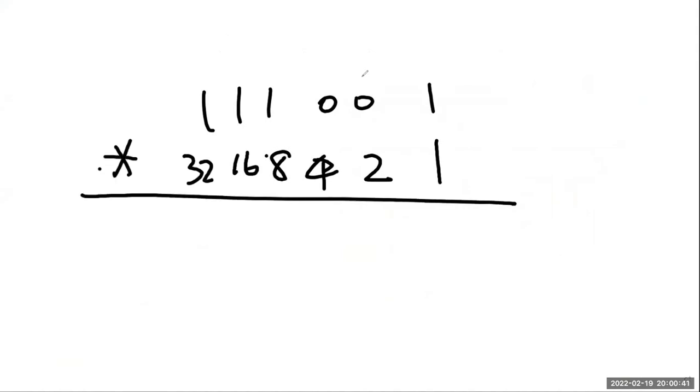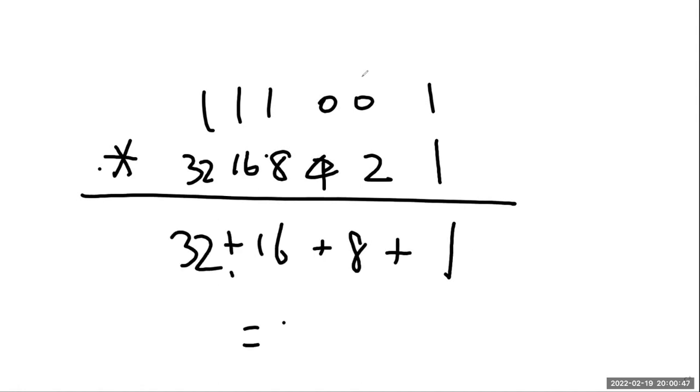This one's weight is 1, this one is 2, this one is 4, this one is 8, this one is 16, this one is 32. Multiplying, you get 1 plus 8 plus 16 plus 32, so this is 57. Is that okay? Any question? This is the conversion of binary back to the decimal value.